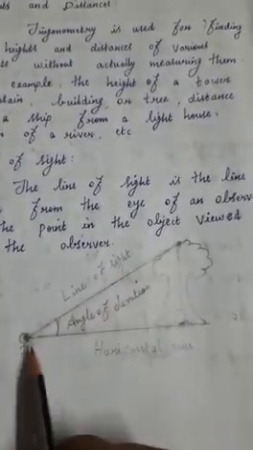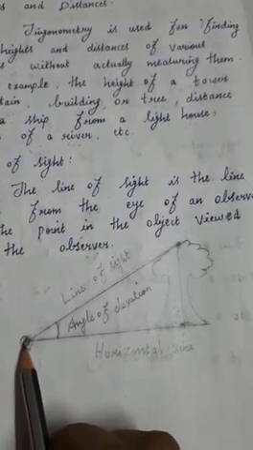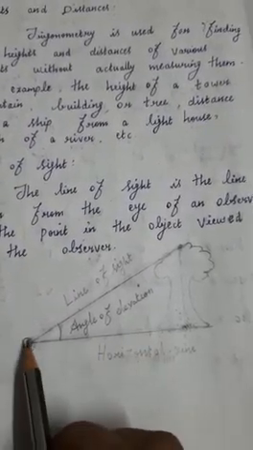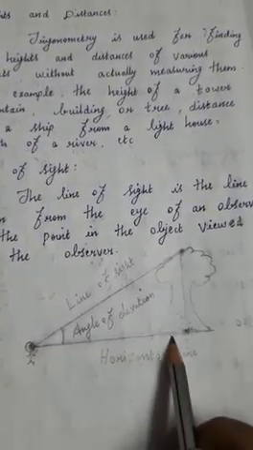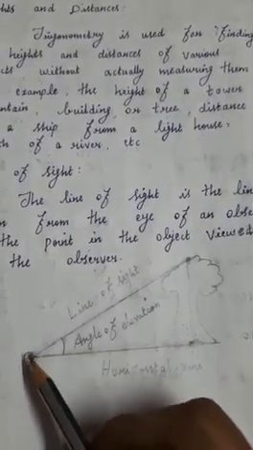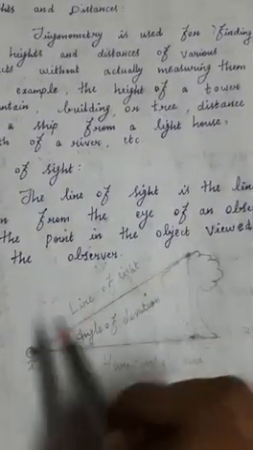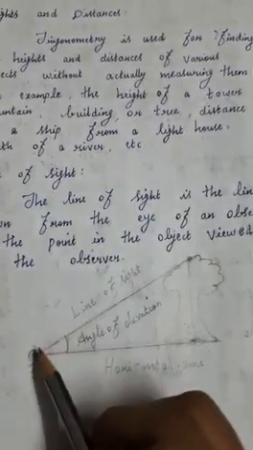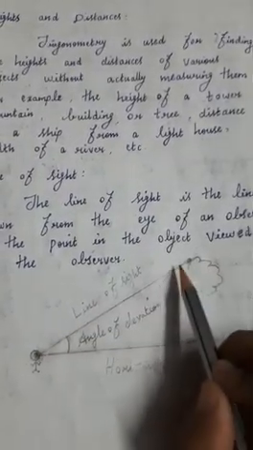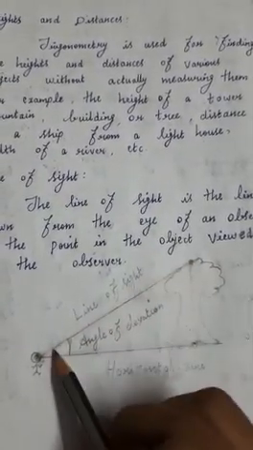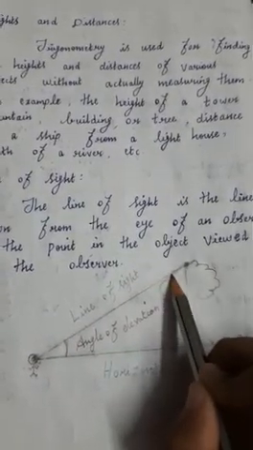This line is the horizontal line, where he is looking straight. This is the line of sight when he looks at the top of the tree.